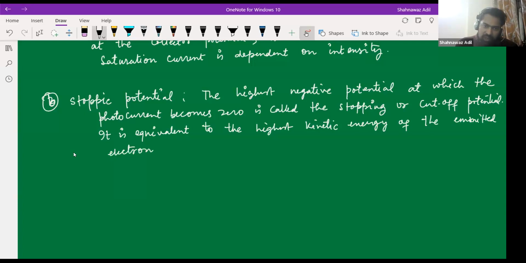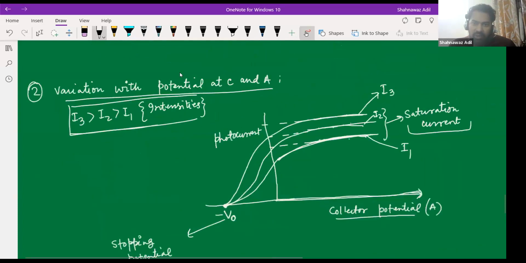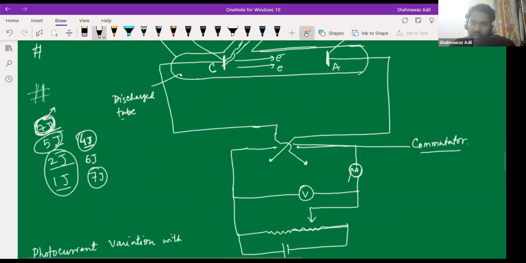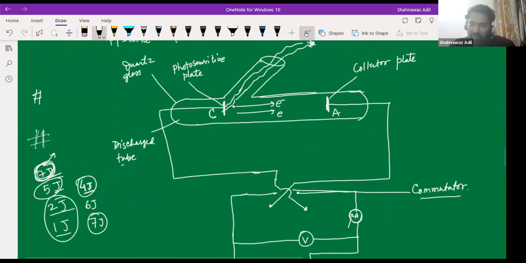In the example that I gave, the photoelectrons are emitting out from the surface, and let's say the highest kinetic energy of the photoelectron is 7 joules. And you have provided the negative potential to this 7 joules.